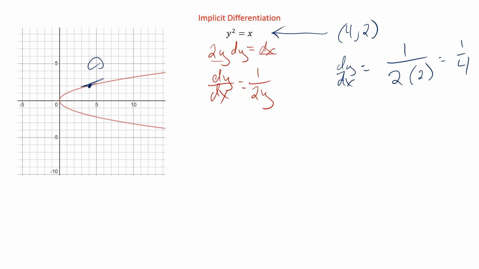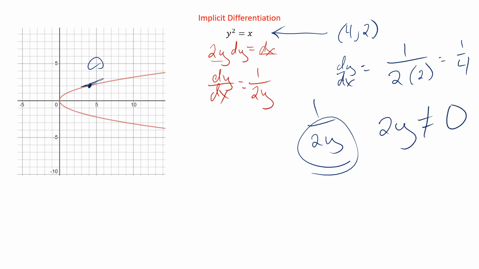So it's defined everywhere except when it's vertical, because the slope is undefined at that time. So what would make this vertical? The same rules apply as when we're finding the domain, except we might not just be looking for x. In this case, we have 1 over 2y. So this 2y can't equal 0, which means y can't equal 0.